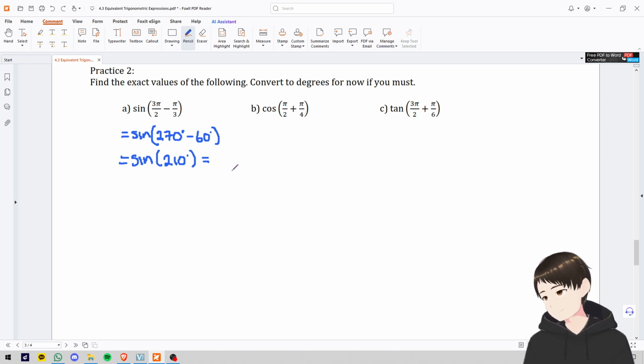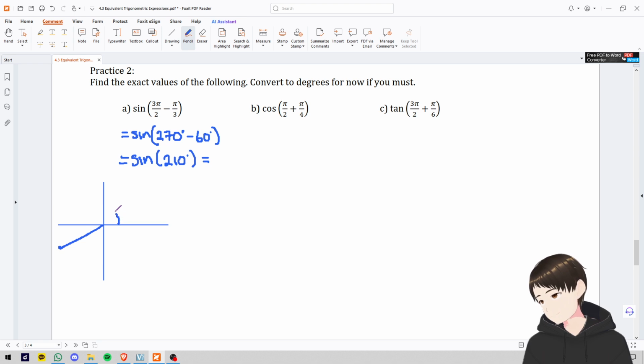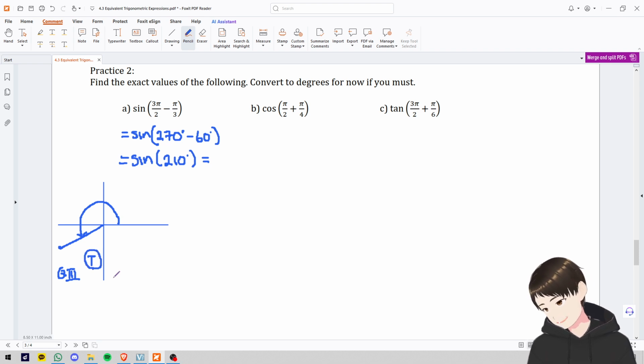Here's how I do it. Step 1, figure out what the angle is with respect to the y-axis. So 210 is here. It's in quadrant 3, which in CAST is the realm of tangents and cotangents.